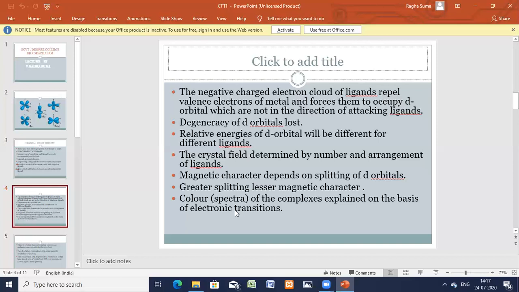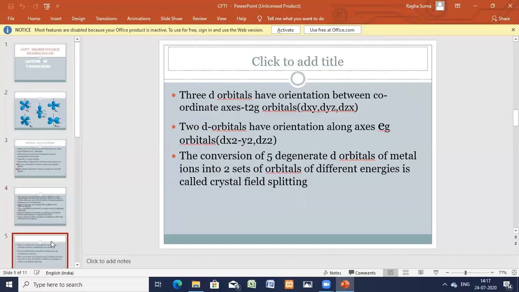I think you got this point. Once again, the color of the complex is explained on the basis of electronic transitions, that is d-d transitions. Different energies will have different d-d transitions, and thereby the color will change. Different colors will come for different materials.